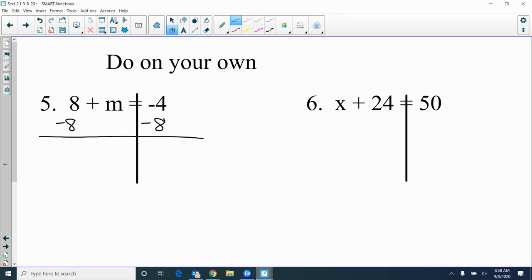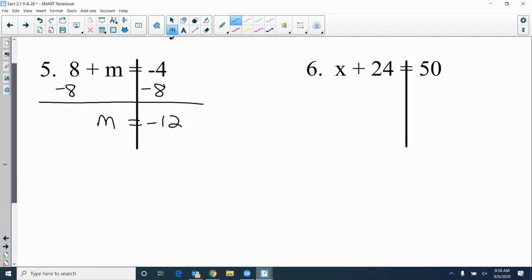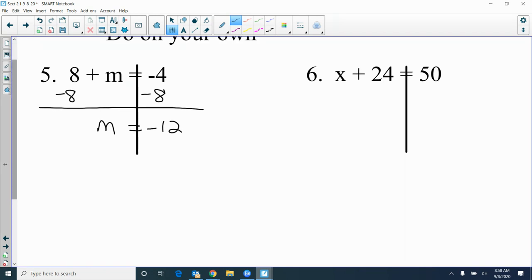Jalen, what did you get for the next step? M equals -12. Now, you can make a mistake, I can make a mistake, so you want to check it. I only told you to check one, but I'm going to check them both, just because I want you to see this. You do 8 plus M equals -4.